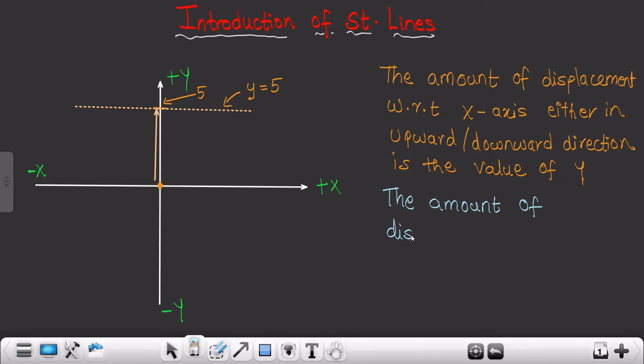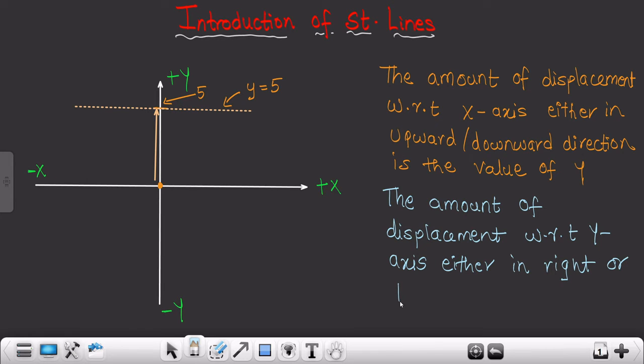The amount of displacement with respect to the y-axis, either in right or left of the y-axis, will give you the value for x.